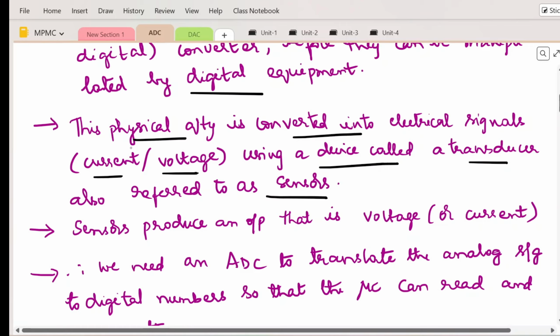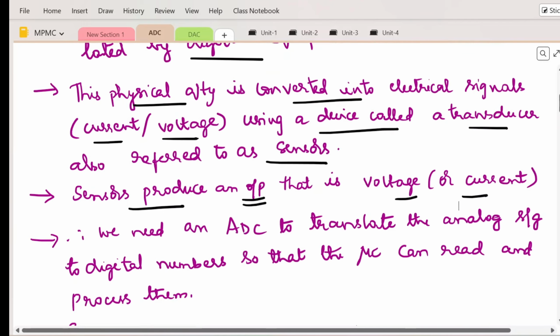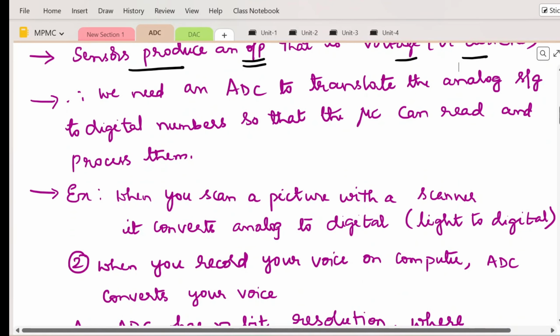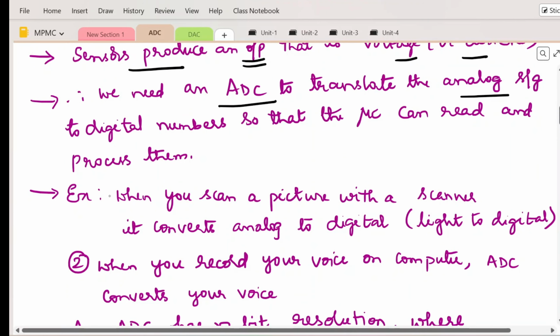Now, these sensors produce an output that is either voltage or current, and that is proportional to the input physical quantity or signal. Therefore, we need an A to D converter to translate the analog signal to digital signal or digital numbers so that the microprocessor or microcontroller can read them and process them.